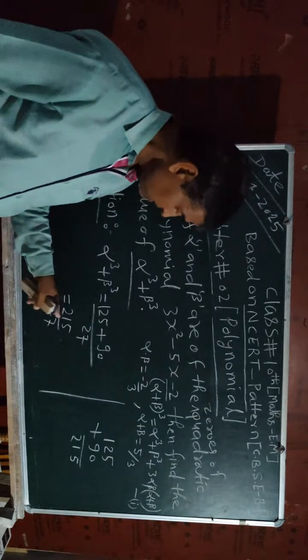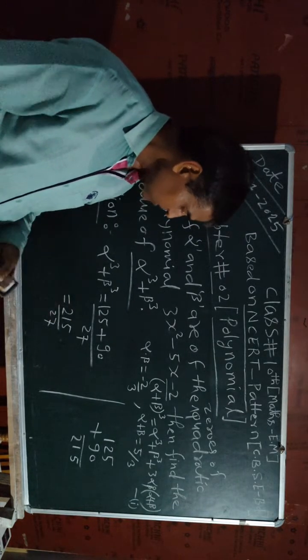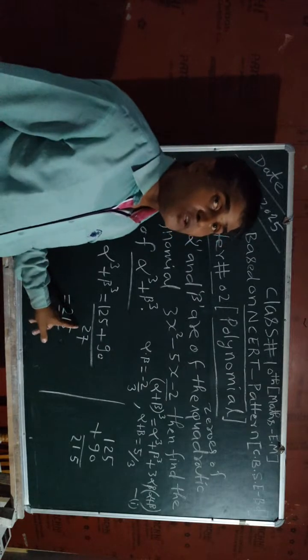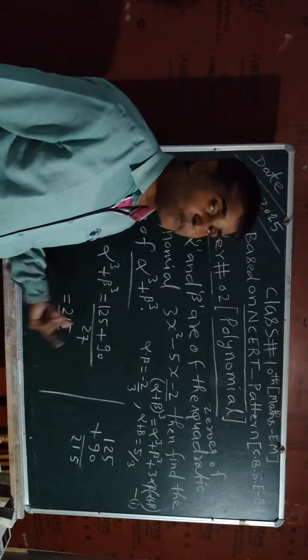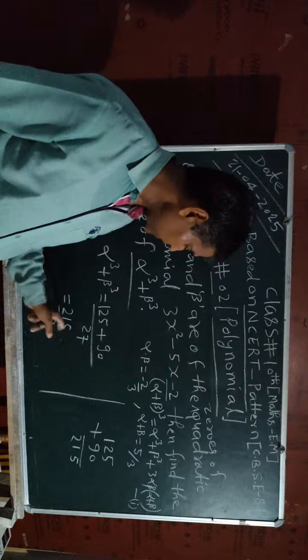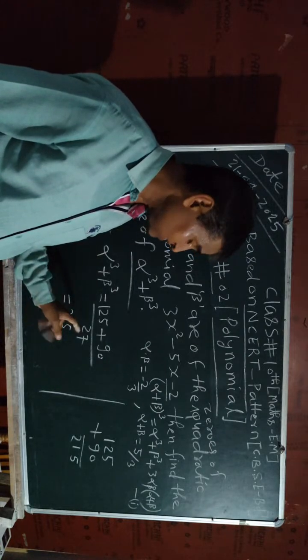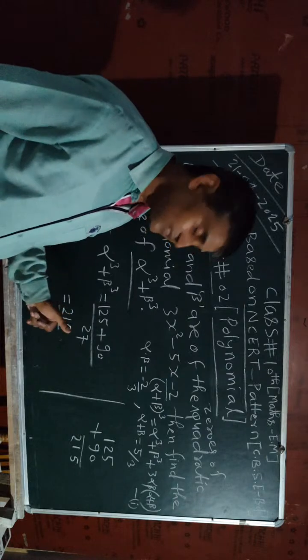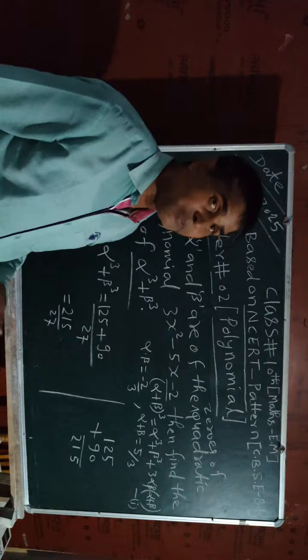Because if the sum of each digit of the number is divisible by 3, it means that number will be divisible by 3. So here the number is 2, 1, 5. If I take the sum, 2 plus 1 is 3 and 3 plus 5 is 8.